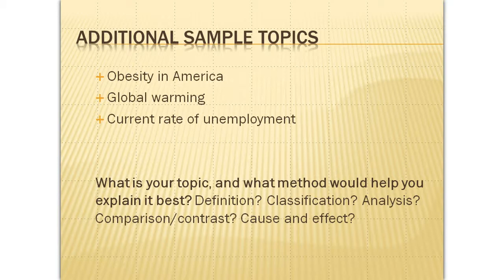Would it be analysis? Would it be comparison and contrast? Or would it be looking at causes and effects? So that's a brief overview of what exposition is. Exposition is exposing something or making it clearer or more understandable to an audience that doesn't know as much about the topic as you may know.